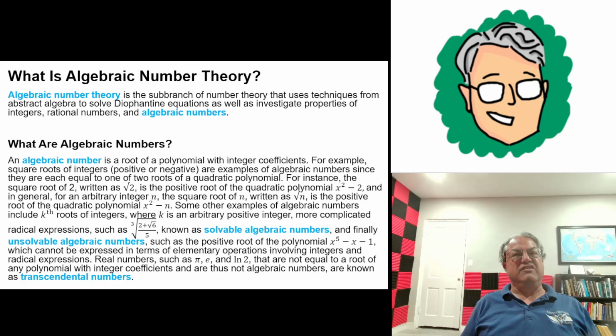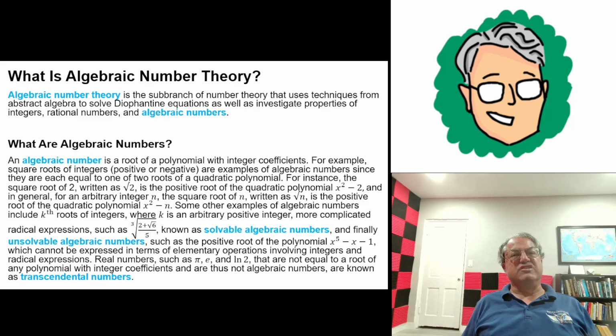They can all be solved in terms of radical expressions, but in general, degree 5 or higher are not solvable. So here's an example: the polynomial x to the fifth minus x minus 1. That has a positive real root, but it's not solvable. It's algebraic, but we can't write it as a radical expression.